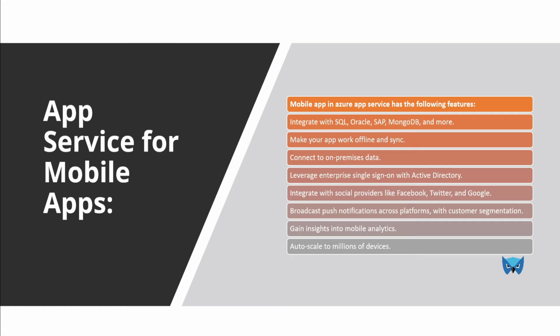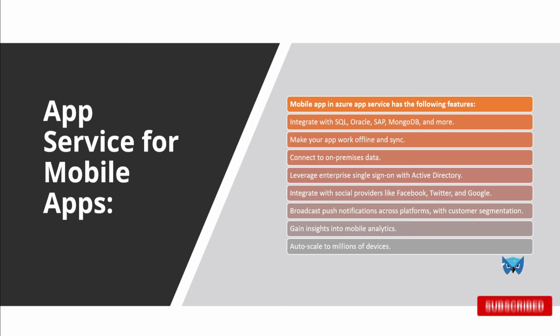Next we'll see App Services for mobile apps. Mobile apps in Azure App Services have the following features. It can integrate with SQL, Oracle, SAP, MongoDB and many more, and make your app work offline and sync. You can develop locally and then sync with the cloud, and you can connect to on-premises data also. You can leverage enterprise single sign-on with Active Directory.